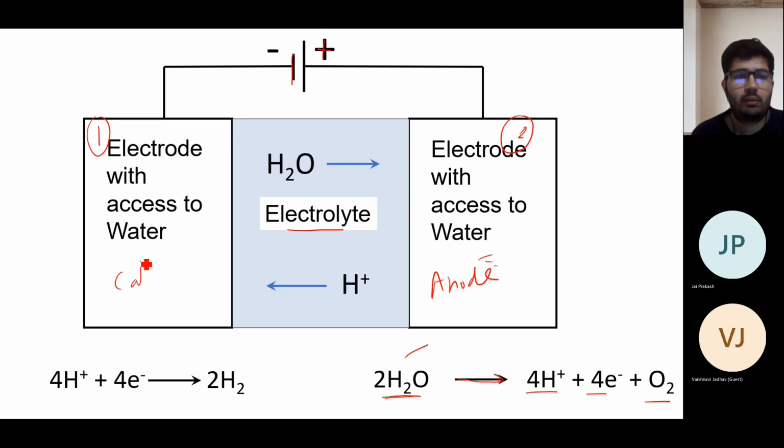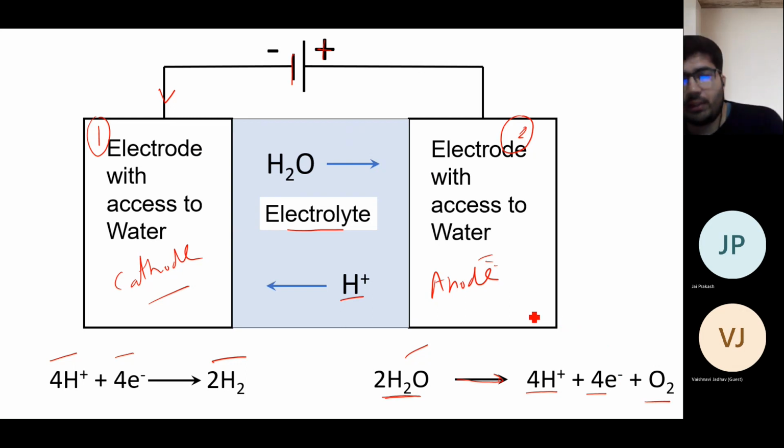And this one is the cathode. The electrons come to this electrode from the external circuit, and the H+ ions come through the electrolyte. At the cathode, the reaction is 4H+ taking 4 electrons and converting into 2H2. So from this we can see that if water and an electrolyte are present, we can generate hydrogen and oxygen. This is the basic schematic of an electrolytic cell.